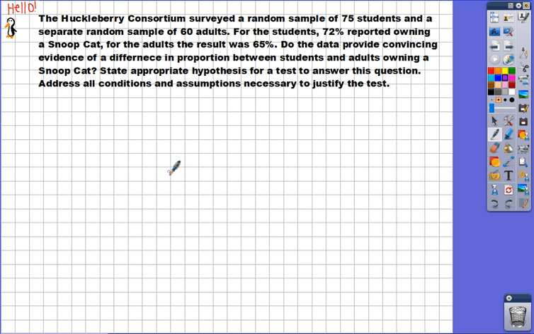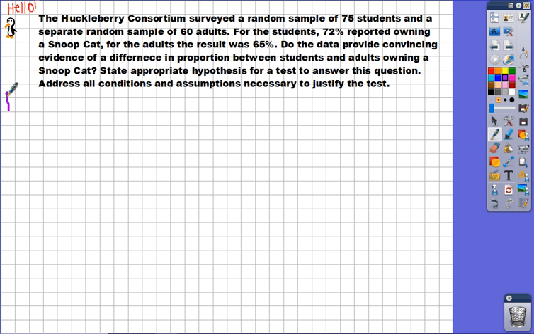Okay, well, the first thing we have to do is recognize we are comparing two separate proportions here. The results from the students and the results from the adults about owning a Snoop cat. So the first thing we want to do is define our parameters.